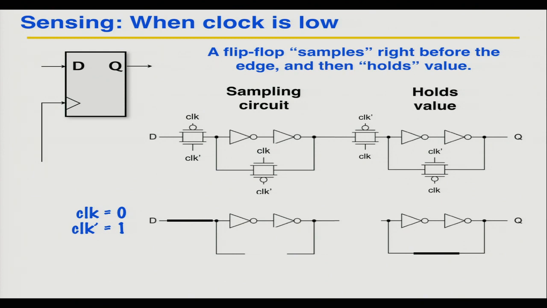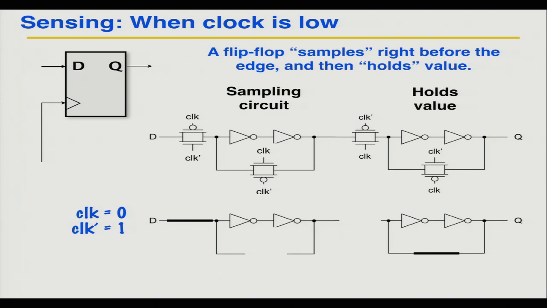So when the clock is low, this transmission gate is on, this one's off, so we have this configuration. Any value of D just kind of passes through here. Right? While the clock is low, this transmission gate is on and this one is off, so the new value just stops there.